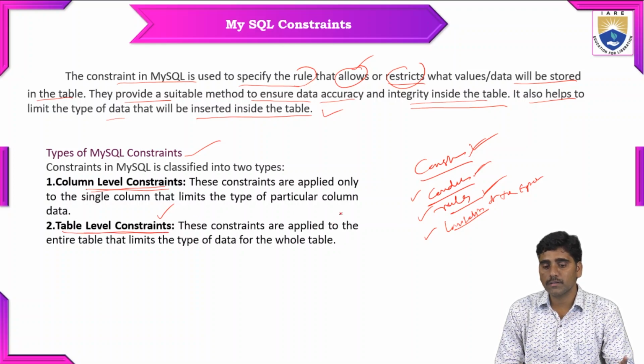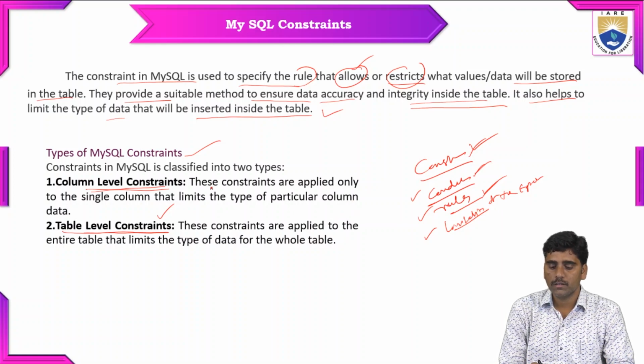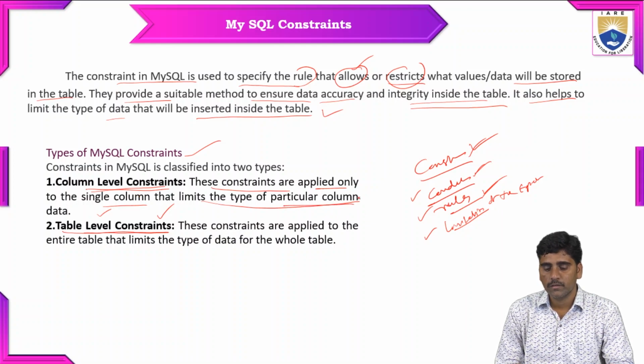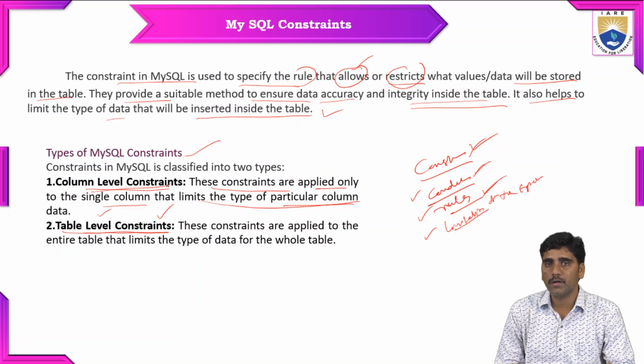Column level constraints are applied only to a single column and limit the type of data of that particular column. The constraints applied to a particular column are called column level constraints.